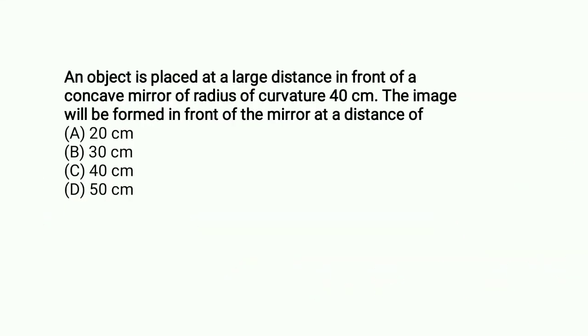Next question. An object is placed at a large distance in front of a concave mirror of radius of curvature 40 centimeter. The image will be formed in front of the mirror at a distance of?